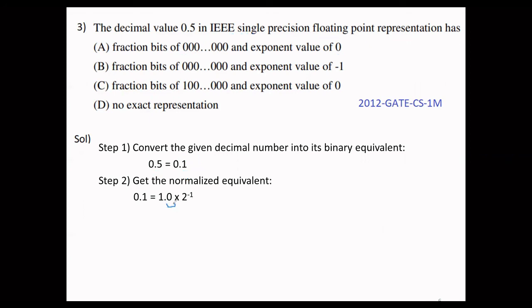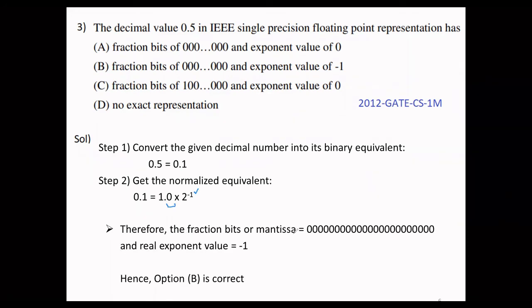This is the 23-bit mantissa, or we can call it the fraction bits, and this is the original exponent. Therefore, the fraction bits are mantissa, all zeros, because after the binary point all zeros are there. We can extend to 23 bits of all zeros. The real exponent value is minus 1. If you observe the options, these fraction bits are all zeros and the exponent value is minus 1. So option B is correct.